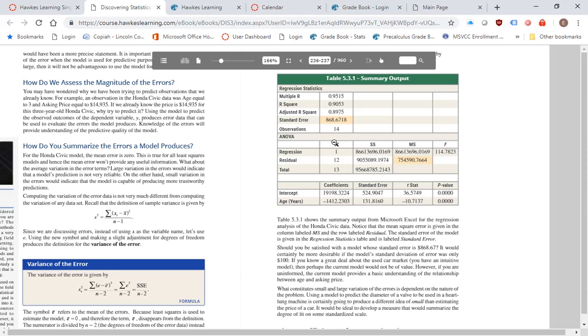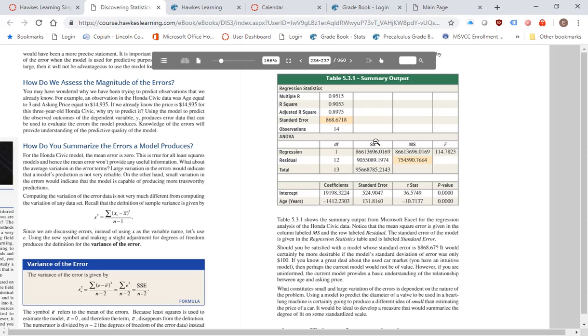A lot of this stuff we haven't really got into yet, like this df right here. Coefficients. That's the coefficients from the regression equation. Don't worry about any of this stuff here.